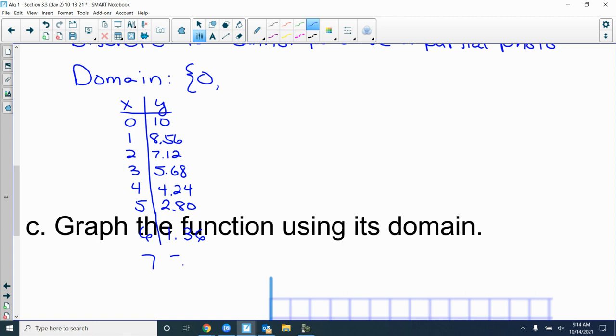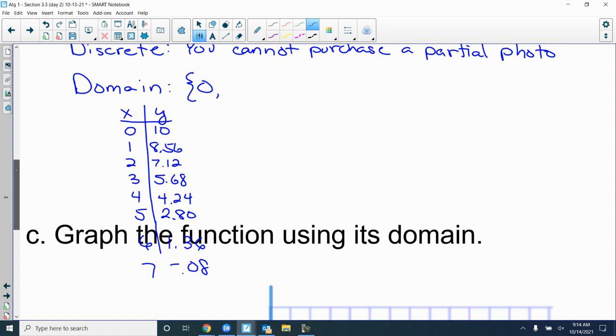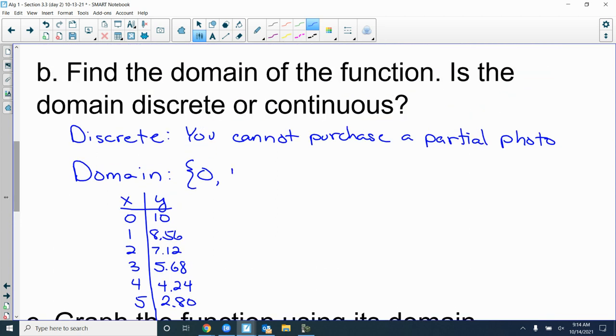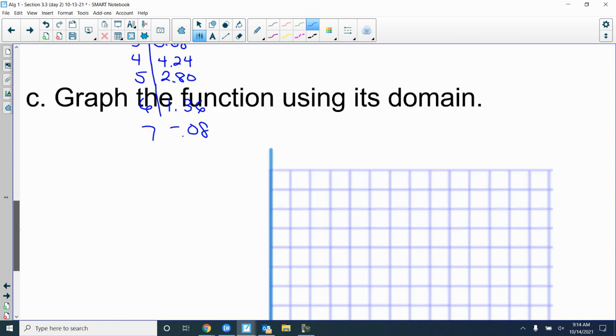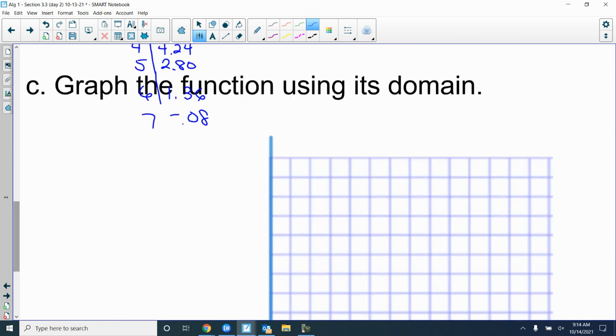Negative 0.08, because we're subtracting 1.44. So what's the most number of photographs I can get? 6. So what's my domain? 0 to what? 0 to 6. All right, I'm going to leave that graph because of time, and we're going to pass out the homework. But that would be the case here, so don't worry about that graph.